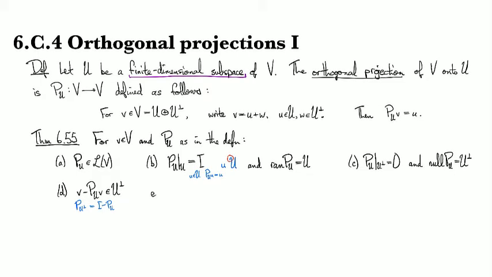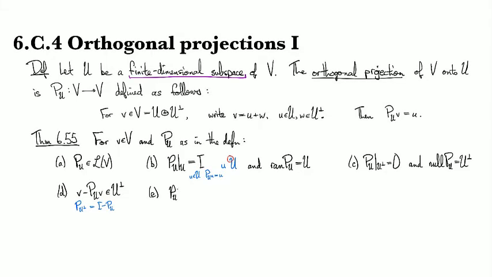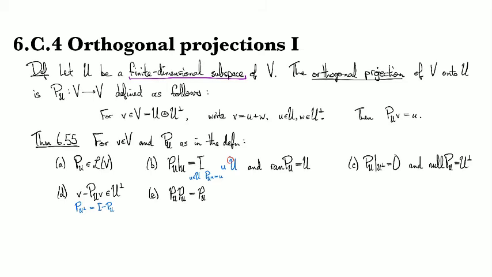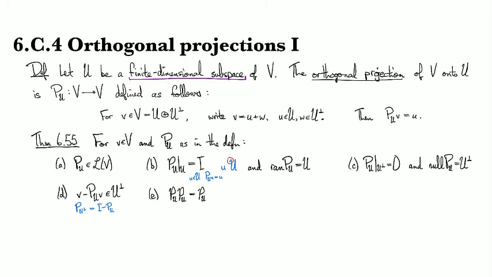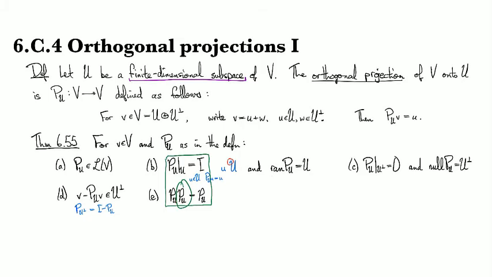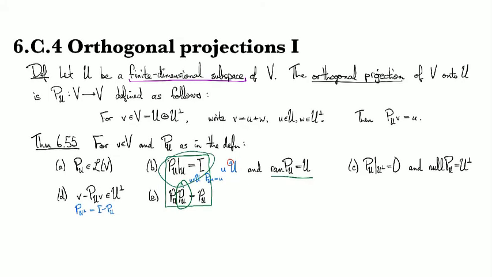So let's see, and then we've got this one. If you apply the projection twice, it's the same as applying it once. In other words, anything that's already in U, if you apply the projection to it, it doesn't do anything. This is exactly analogous to the one directly above it, because the first application of the projection operator puts you into U, and so when you apply it again, nothing new happens.